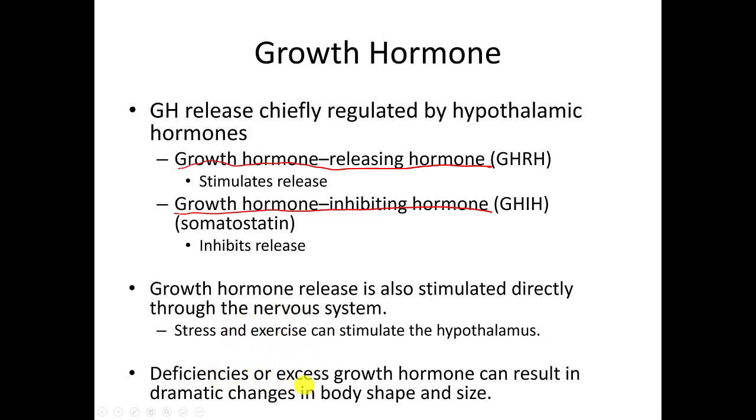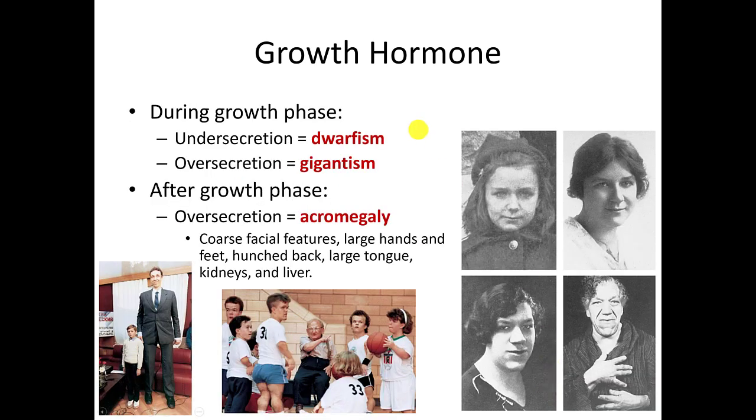Anytime there is a deficiency or excess of growth hormone, there's going to be dramatic changes in the shape of the body. So here are some examples of that. If there is excess growth hormone released during the growth phase, so when you're actively growing, excess hormone causes a condition called gigantism.